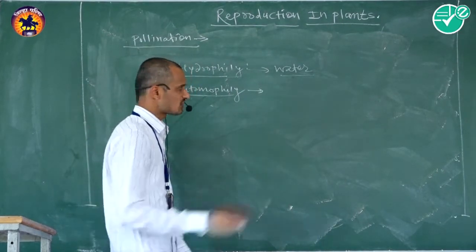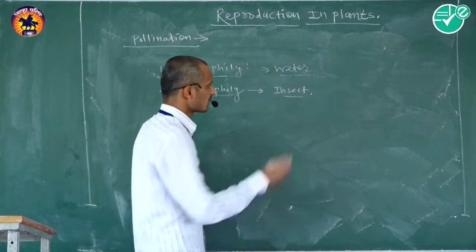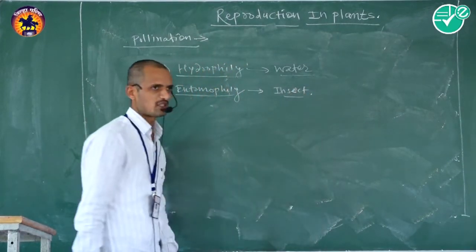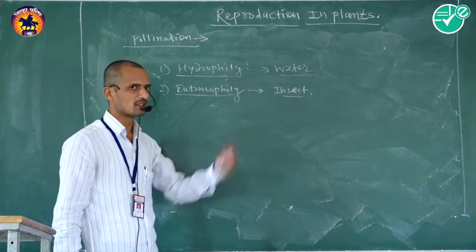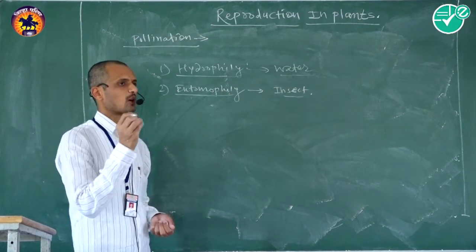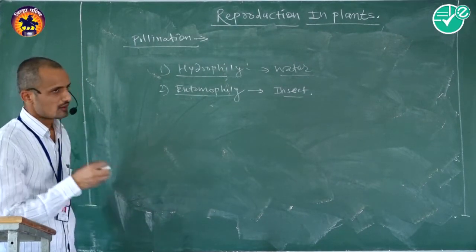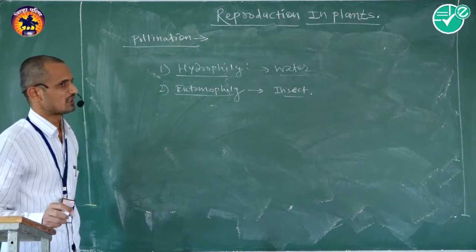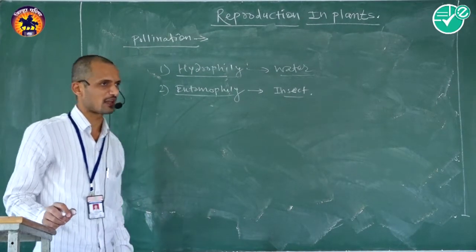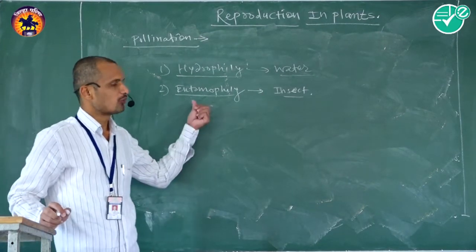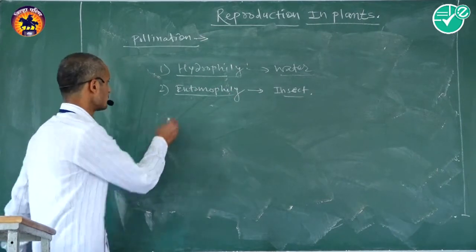The pollinating agent, that is insect, is required for completion of the pollination phenomenon, to transport the pollen grain from anther to the respective stigma, that is called as entomophily.